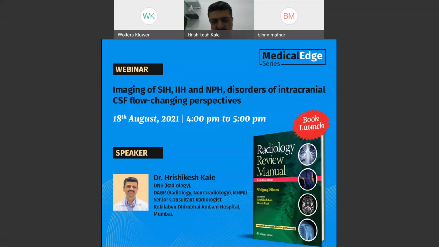CSF flow studies don't usually help in the diagnosis of SIH or IIH, unless you are looking at the spine. In the spine, the presence of adhesions is something you may be able to see with a CSF flow study. But other than that, there's no real added value to doing a CSF flow study for SIH and IIH.